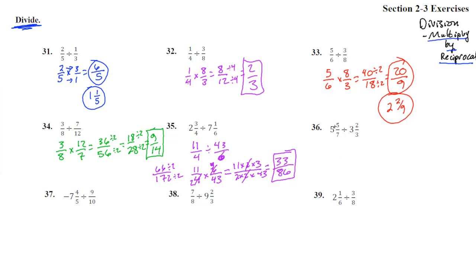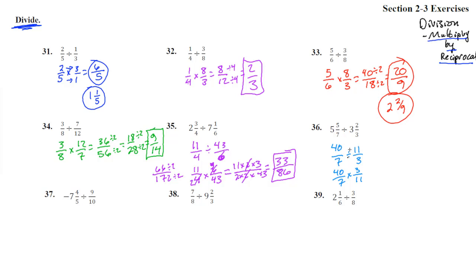Whew! Let's try another one. Turn it into an improper fraction. 7 times 5 is 35, plus 5 is 40/7. Divided by 3 times 3 is 9, plus 2 is 11/3. So we really have 40/7 times the reciprocal, 3/11.